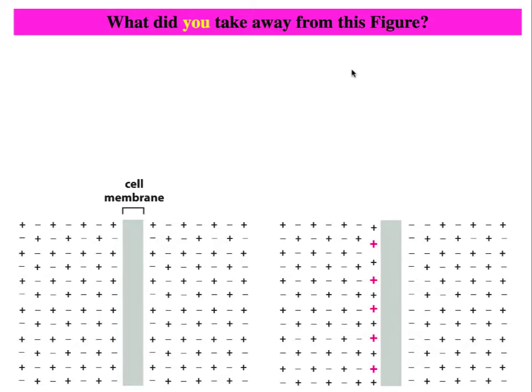So one thing that we need to understand is that for the vast majority of the cytosol and for the vast majority of the external environment, the charges are balanced because positive charge and negative charge interact constantly to form a matrix of balanced charge. But whenever there's a membrane that has ion channels or pumps included in its structure, those regions can establish a very localized region of charge imbalance.